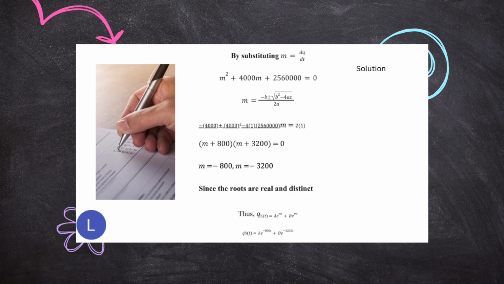To find the roots, we can use the formula m equals negative b plus minus square root of b squared minus 4ac over 2a. And then we will get m1 equals negative 800 and m2 equals negative 3200. So the roots are real and distinct. Thus, Qh(t) equals Ae^(-800t) plus Be^(-3200t).